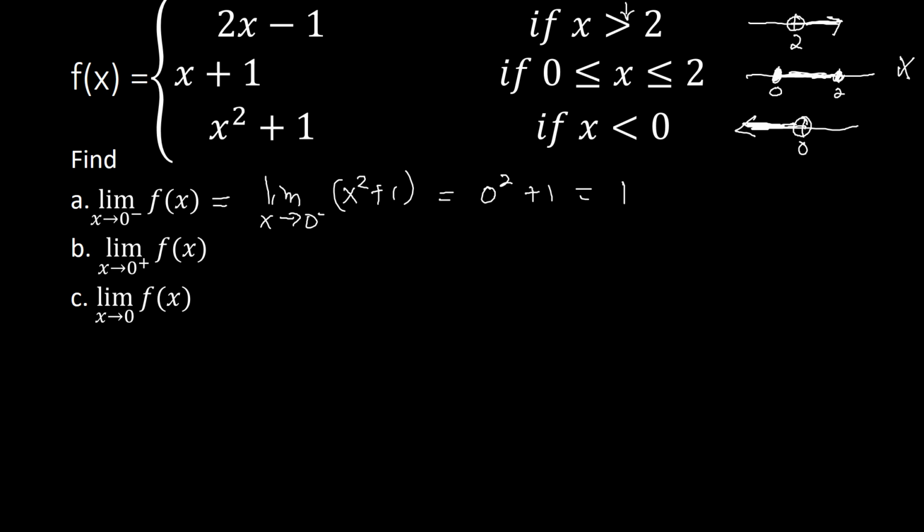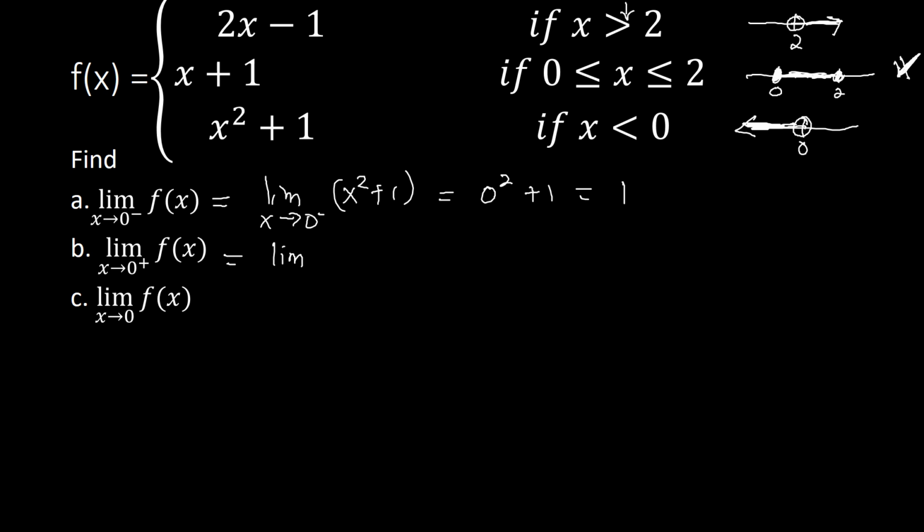We've got the limit of f of x as x approaches 0 coming from the right side. So this is now equal to the limit of, we are going to look for the function that satisfies that one, and this one is the second function because that is with the values coming from the right side of 0.